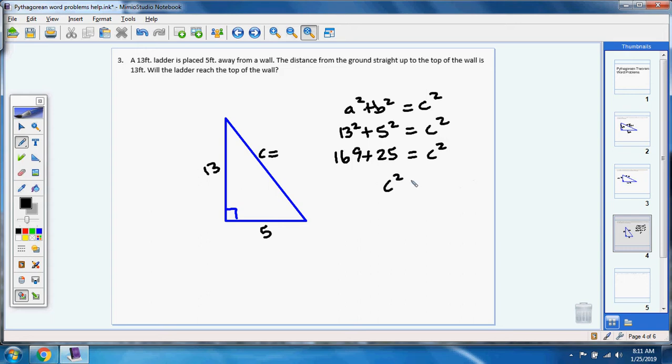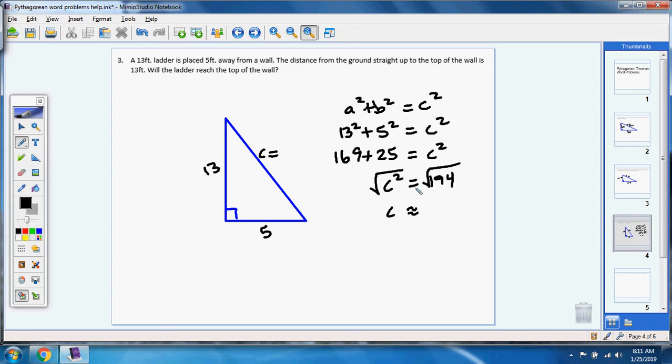All right, if you add them together, what do you get? 194. Because that's almost 170. 170 plus 20 is 190. 194. Square root both sides, please. And we're just going to go straight to the approximate answer.